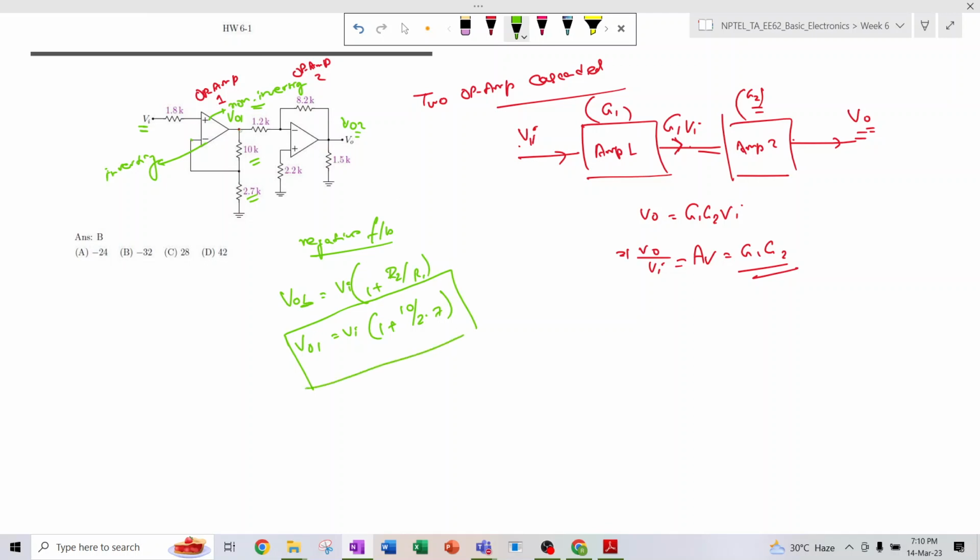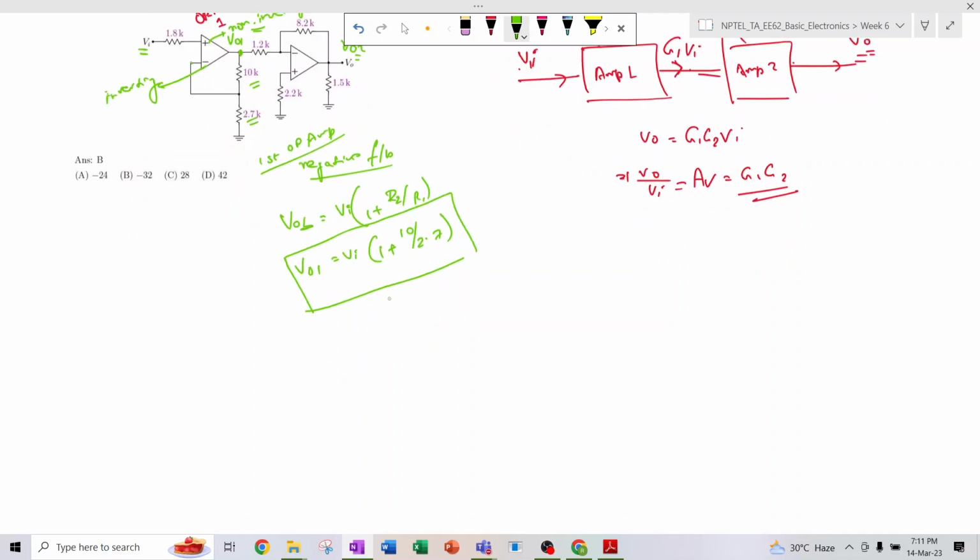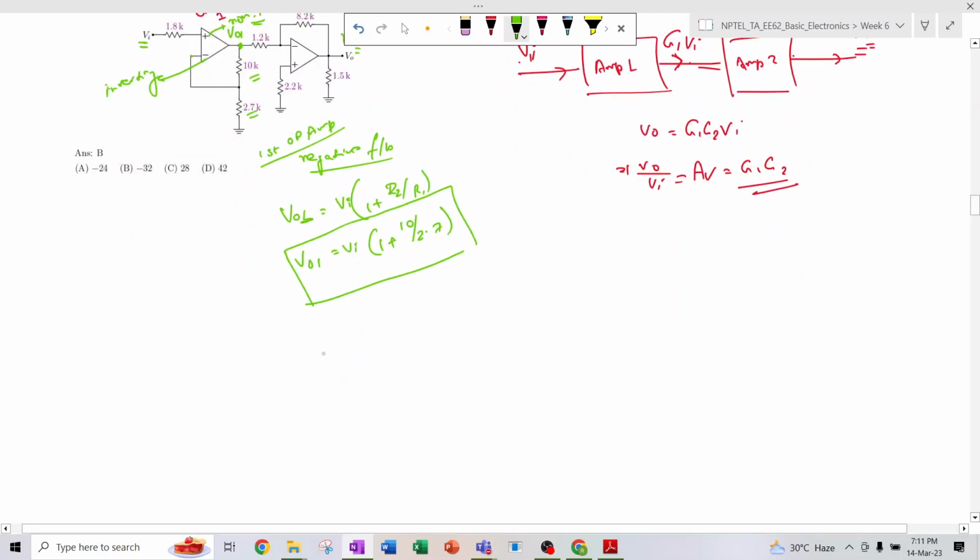This is the analysis we have done for the first op amp, and now we have the second op amp.